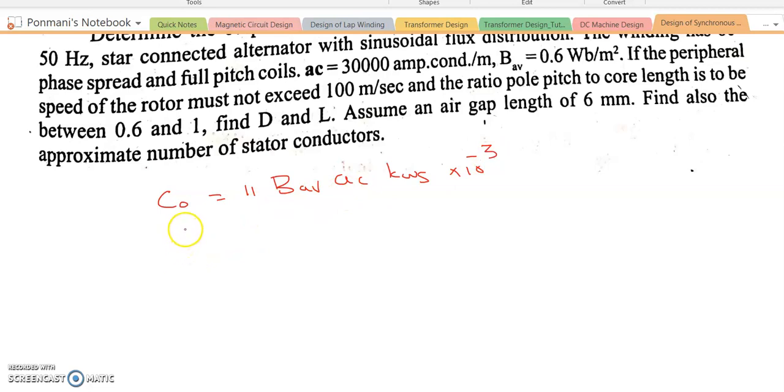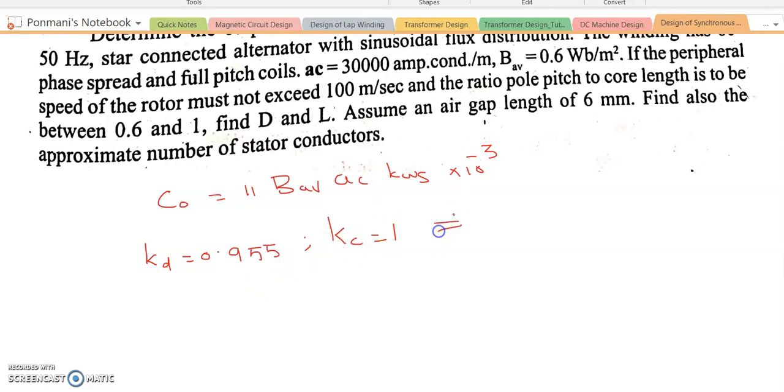To find out kWs, two factors are given, that is phase spread 60-degree. For a 60-degree phase spread angle, distribution factor Kd will be 0.955. And in this problem it is given that Kc is equal to 1, that is the coil span factor or pitch factor, since it is a full pitch coil.